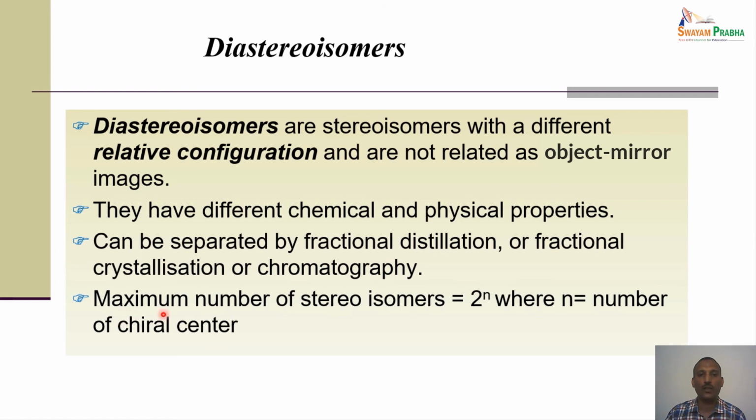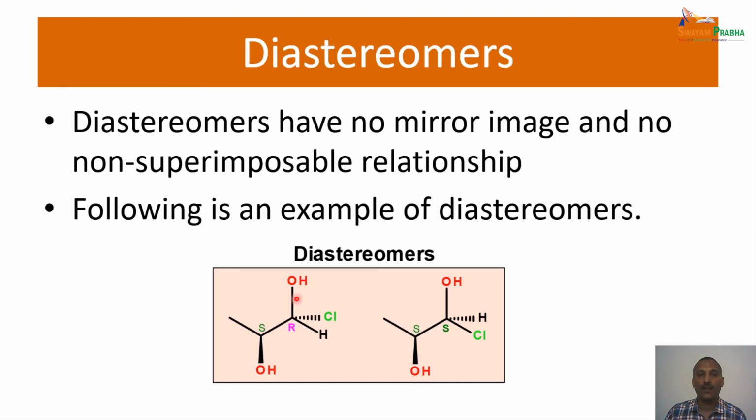If you look at the number of stereocenters, if there are n chiral centers, we can expect 2 to the power n stereoisomers. As I mentioned, diastereomers have no mirror image relationship and are also non-superimposable. Here we have an example of diastereomers.